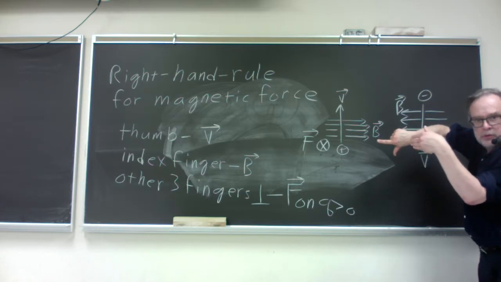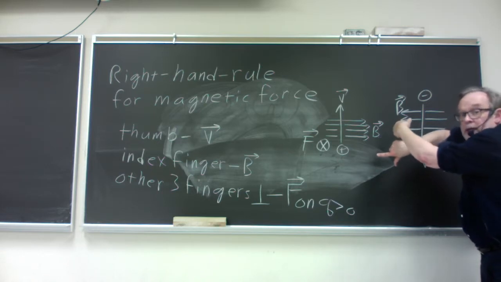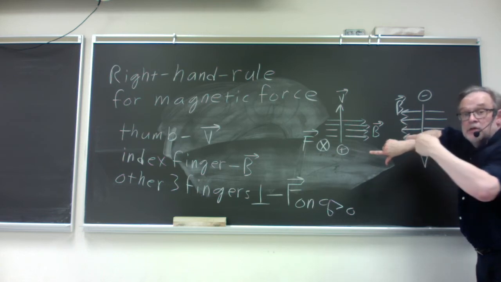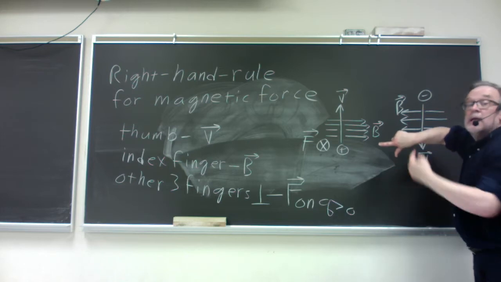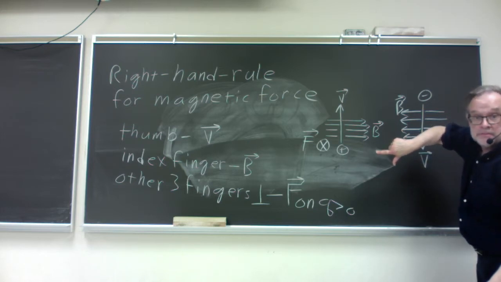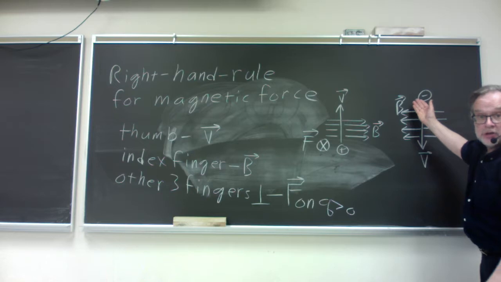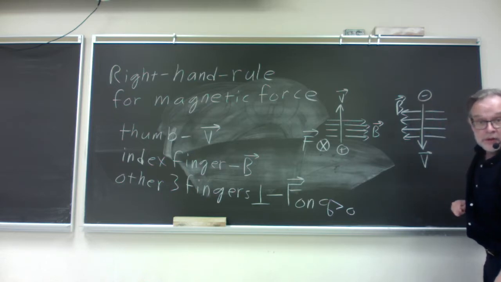And when they're perpendicular, they'll be pointing this way, again, into the blackboard. So that's the direction of the force if we had a positive charge. But we've got a negative charge in this case, so the force points the opposite way.